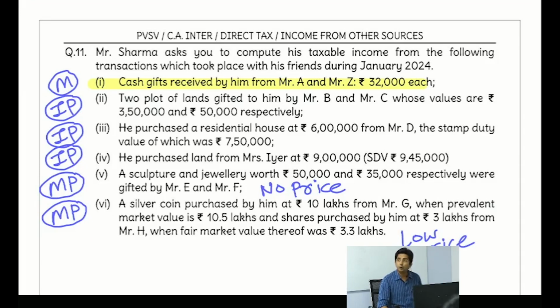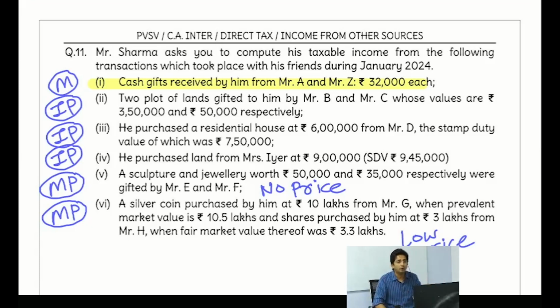So even this is low price. And all the low prices you have to combine, aggregate. So there are 2 low price items. One is silver coin, other is shares, both are from JASVI. Silver coin is jewelry, J, shares is S from JASVI. That also I am checking, and both are low price, keep it added.